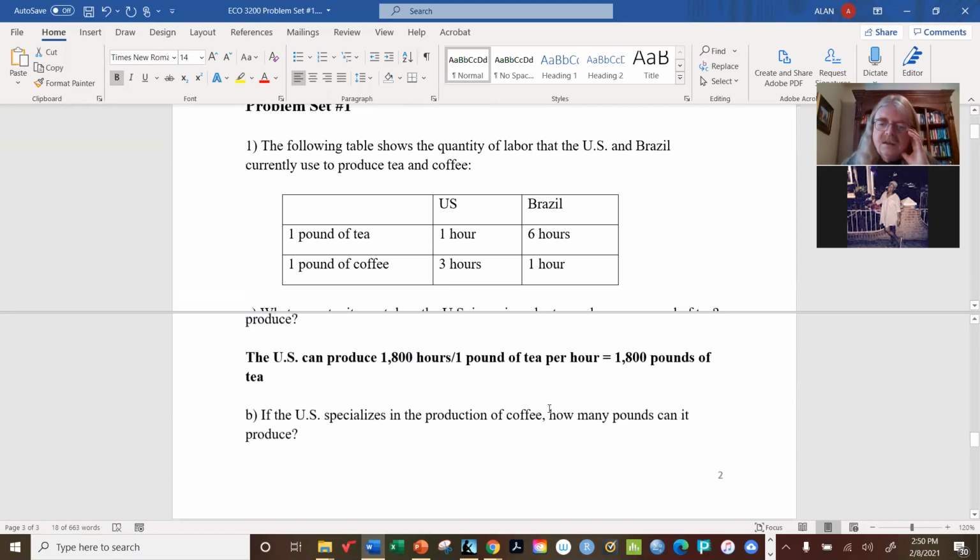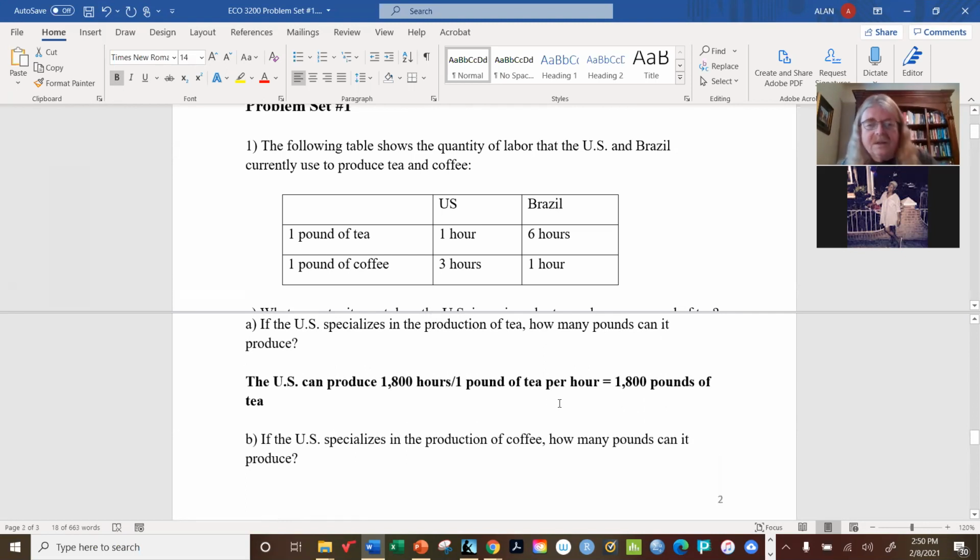All right. So those are the points of specialization. We can make 1,800 pounds of tea and 600 pounds of coffee.